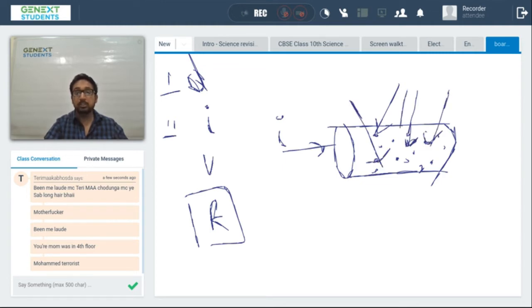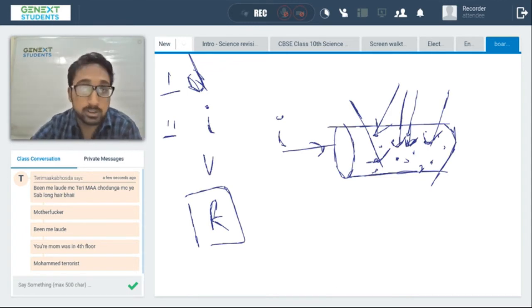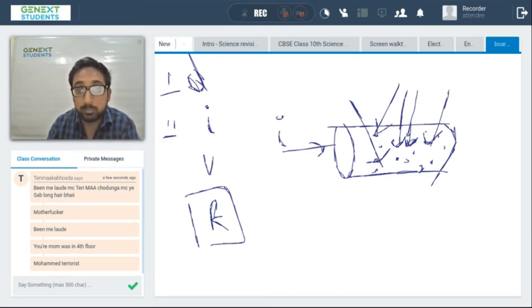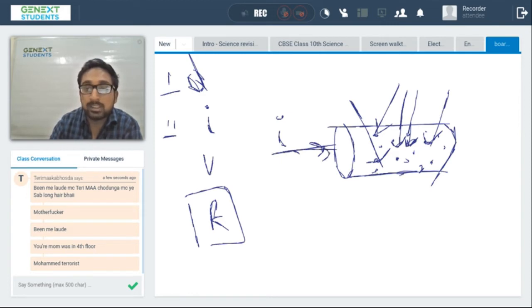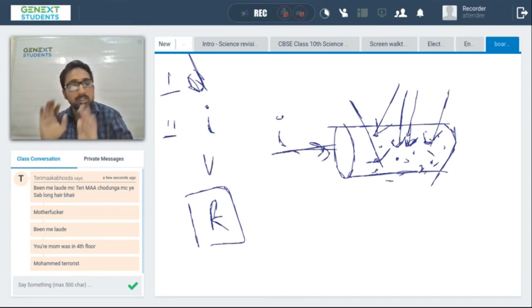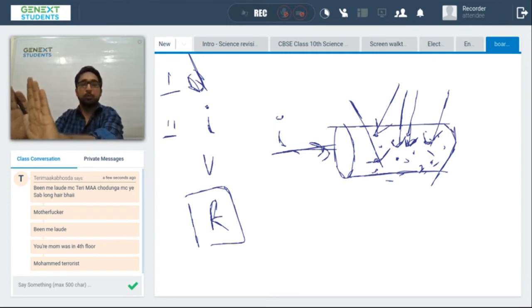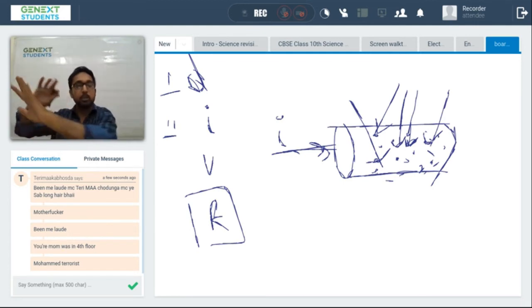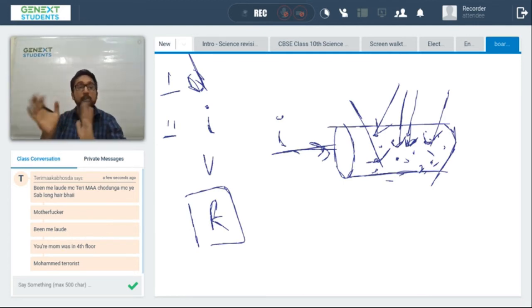They will get a lot of resistance from these electrons. Getting it? So what exactly is going to happen? This is known as resistance. That means this current is being stopped by these atoms. They will stop it: you cannot go from this area, it is very difficult. Either you have to jump over me or you have to go around.